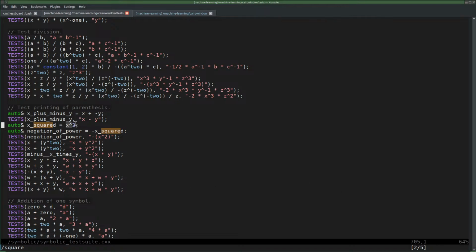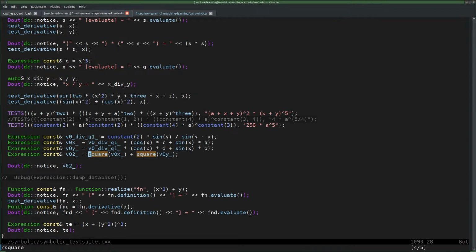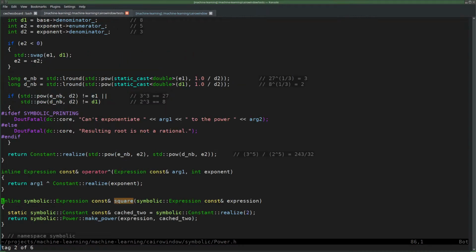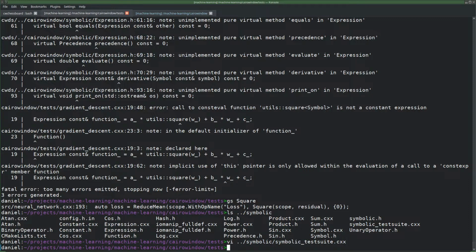Can we do a square like that, really? Do I have a square here? Wait a minute. Square. Power.h. Yep. There is a square in symbolic itself. Makes sense, I guess.